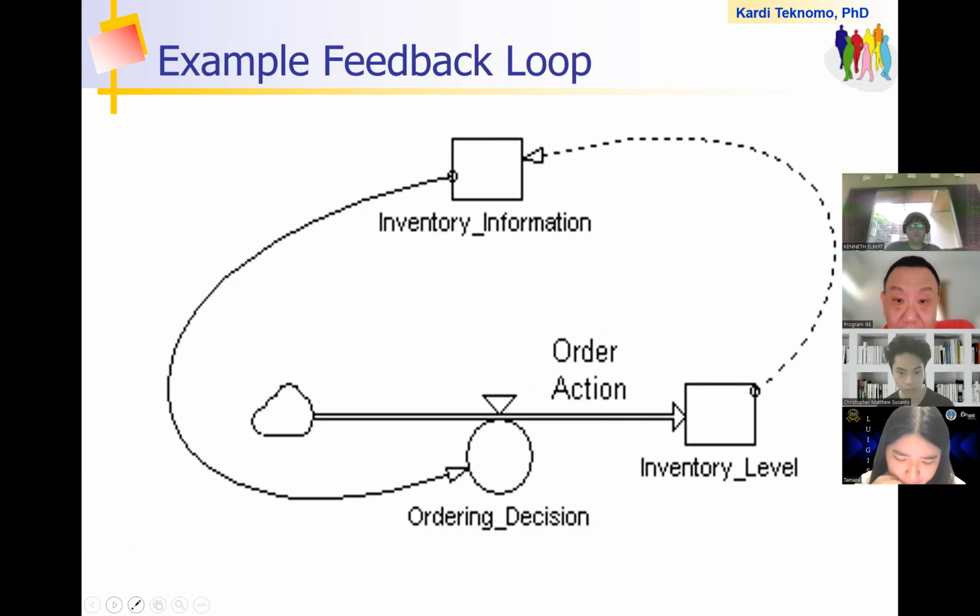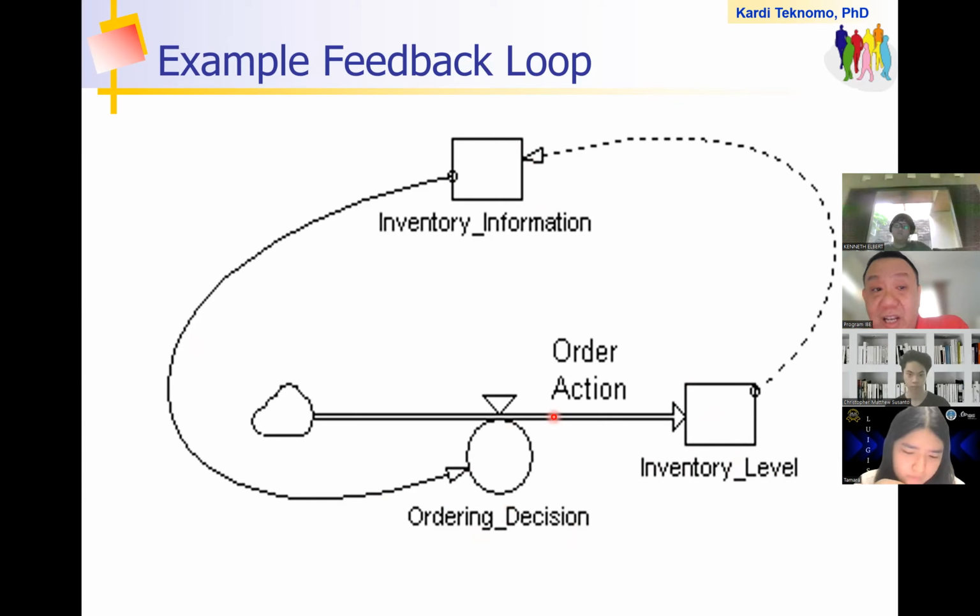This is an example of inventory. What is the rate? The rate is the ordering decision, isn't it? How many you order. And the inventory itself is the inventory level. This is the state of the system. Based on the state of the system, there is inventory information that will influence how much you will order.